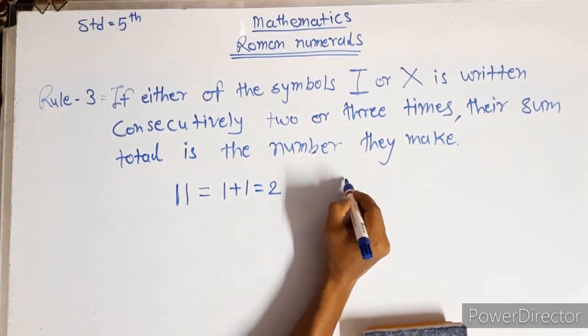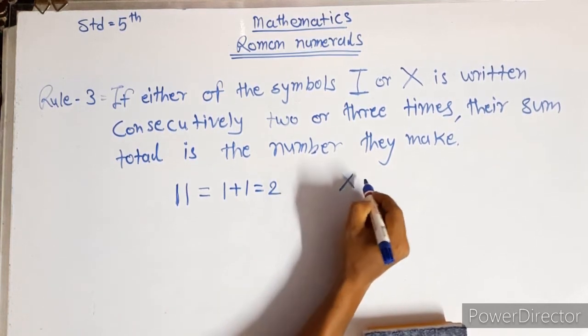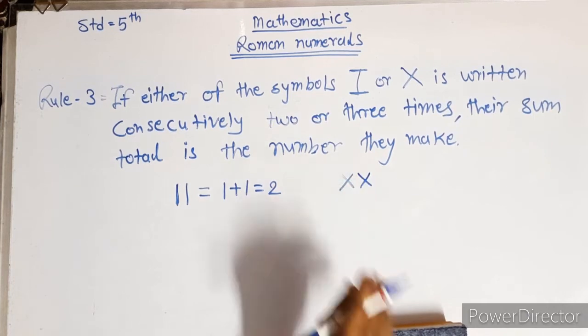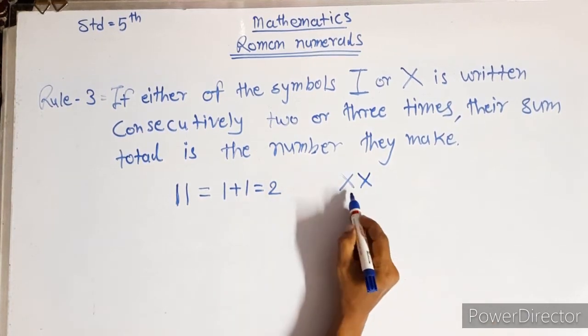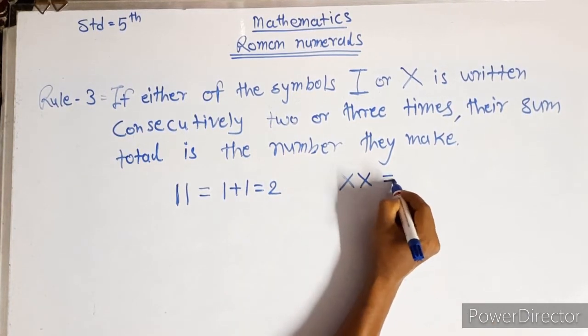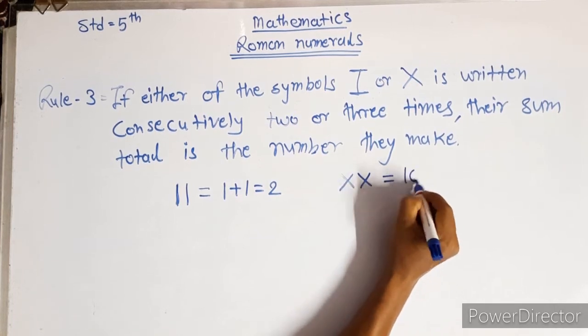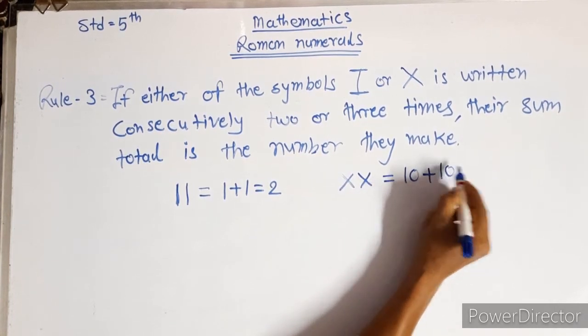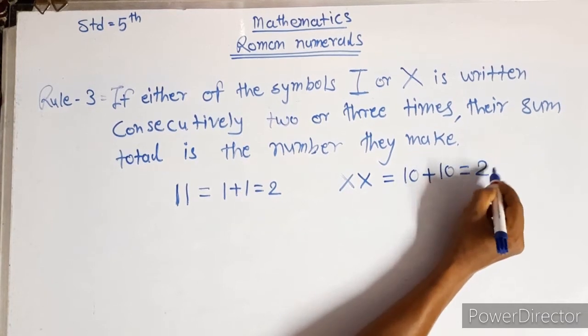Now, X and X, we use 2 times. It's equal to 10 plus 10 is equal to 20.